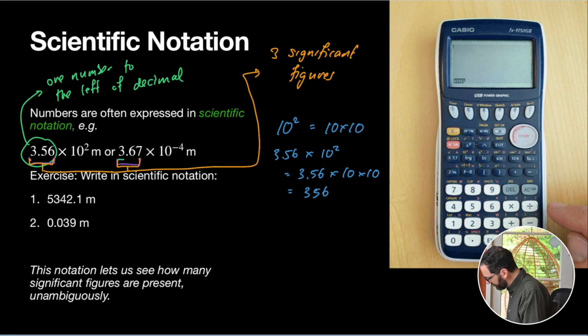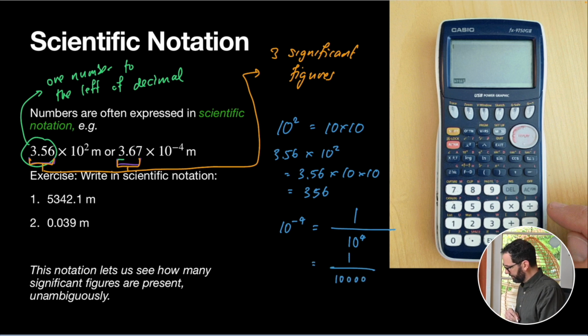This other one, 3.67 times 10 to the negative 4: 10 to the negative 4 means 1 divided by 10 to the 4, which is 1 over 1 with 4 zeros. So negative powers just means 1 divided by positive powers.